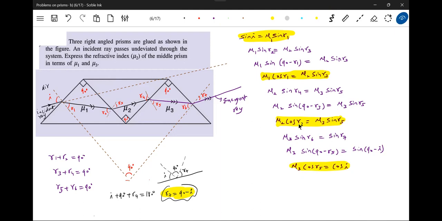So how to eliminate all these angles? I'll call these equations 1, 2, 3, 4. We have to do some calculations such that the angles get eliminated and only the refractive indices remain in the equation.